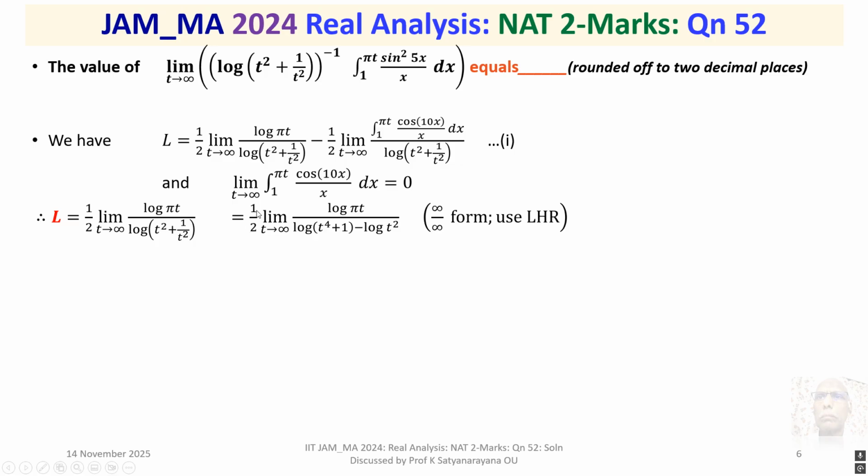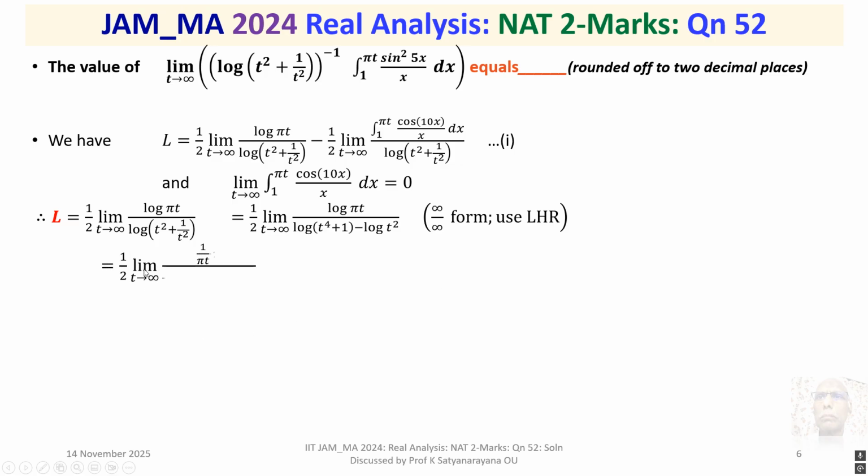And that is equal to 1 by 2 limit t tends to infinity of log pi t by (log of t to the power of 4 minus log of t square). Now, as t tends to infinity, it takes the infinity by infinity form, which is an indeterminate form, and we evaluate this using L'Hopital's rule, the so-called L'Hopital's rule.